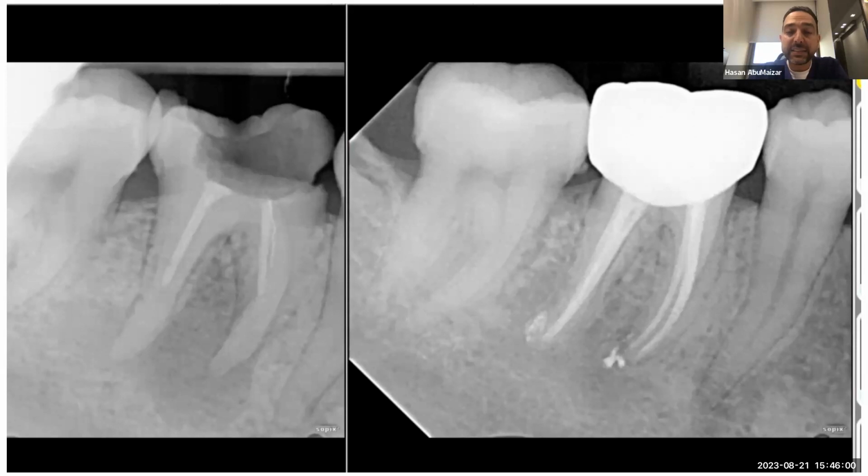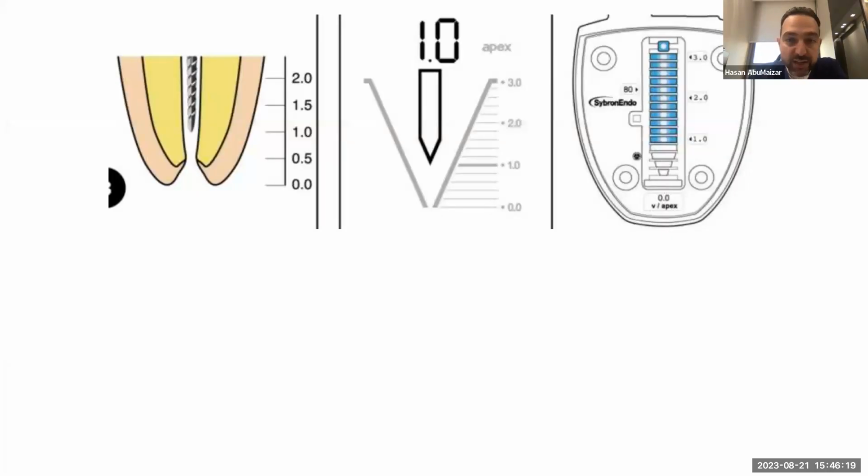So basically, it's very important to get a pre-estimated working length first. And usually, I ask my students if they've got that, because when you take an estimated working length, it's important that it's close to what we are expecting. Afterwards, we use the apex locator. The only proper reading for the apex locator is the zero reading.